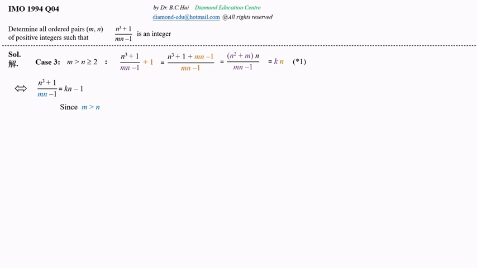We have already assumed m is larger than n. So this quantity is less than (n^3 + 1)/(n^2 - 1). And this quantity on the right hand side could be further simplified as n plus 1 over n minus 1, where 1 over n minus 1 is a fraction less than 1, as we have already assumed n is not less than 2.